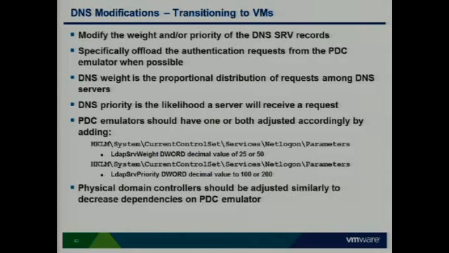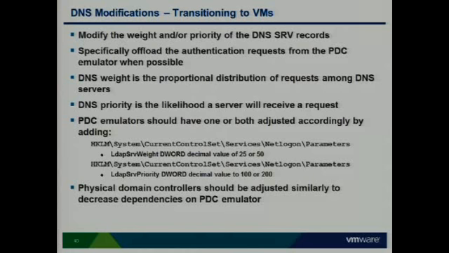We can use this technique to redirect logon authentication requests away from specific servers, or make it less likely that that domain controller would respond or receive an authentication request, which is a way to wean everybody off the physical boxes onto the virtualized machine.